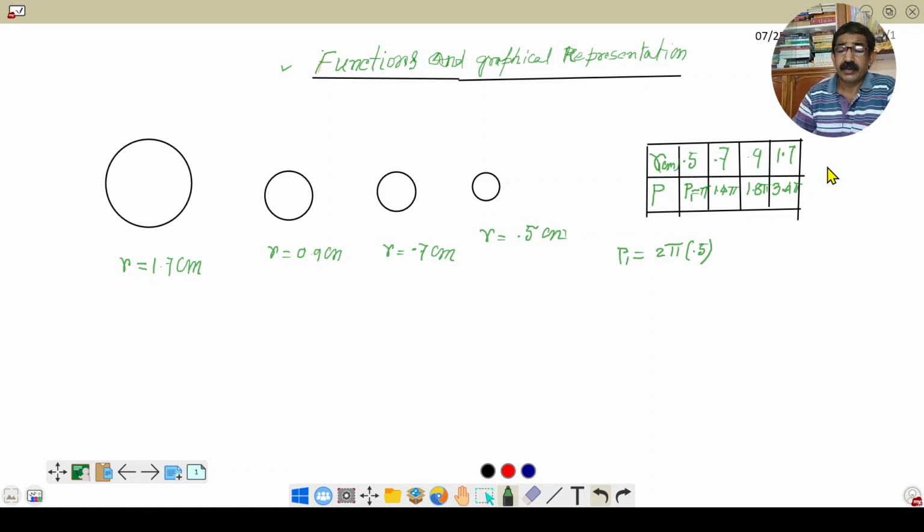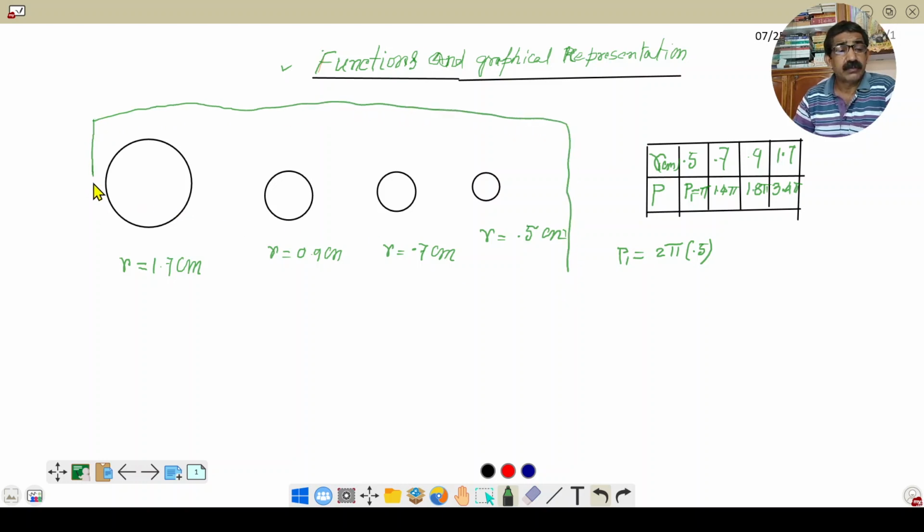Now, this is information about the area bounded by this line. It gives you information about 4 circles, their radii and their peripheries.